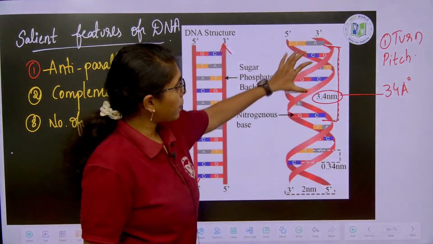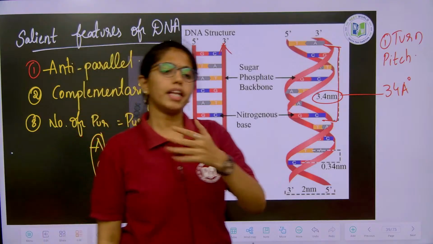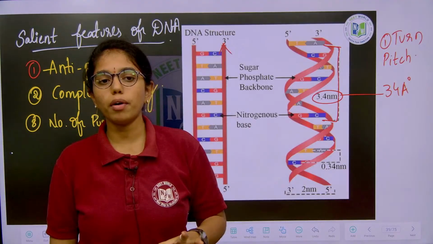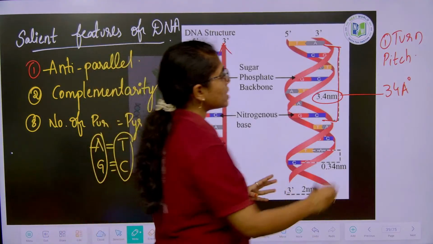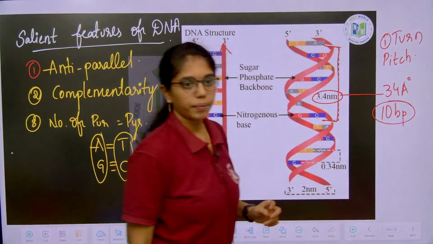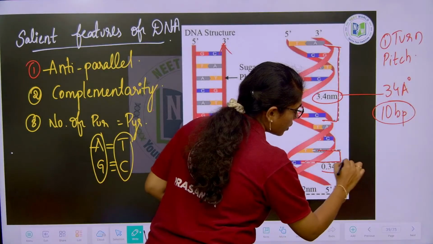And how many base pairs will a standard form of DNA have? We have many forms of DNA, A, B, Z DNA. Standard form of DNA is B type DNA. It has around 10 base pairs in one complete turn. And the distance between two base pairs is 0.34 nanometers.